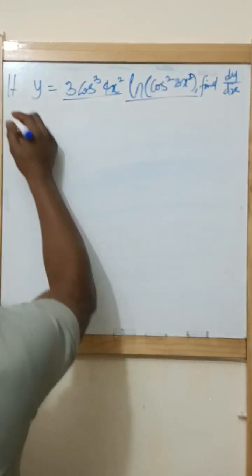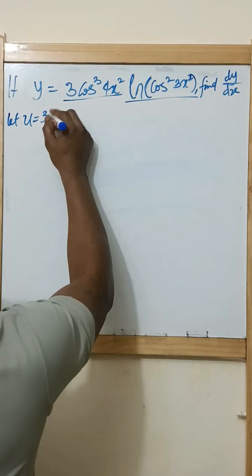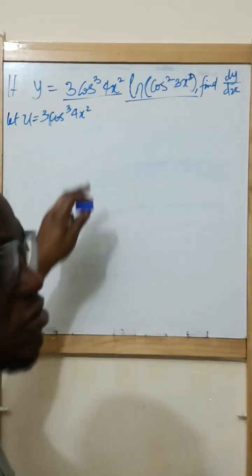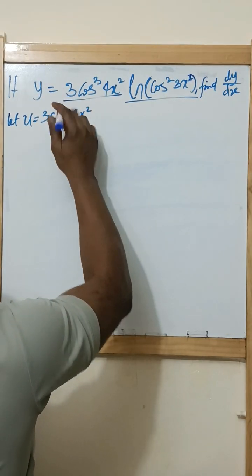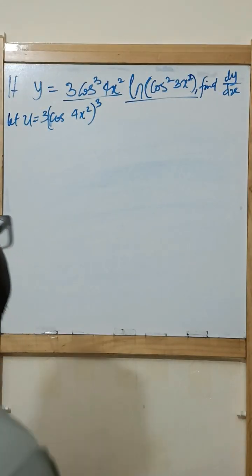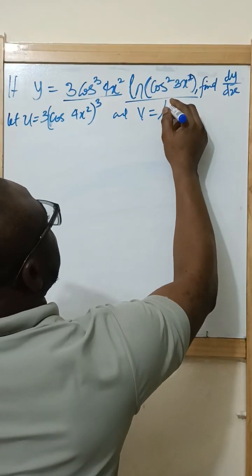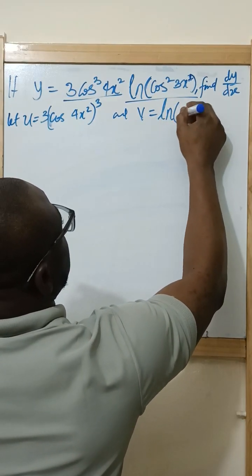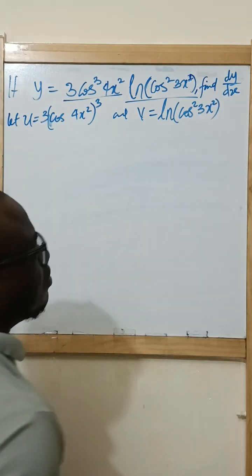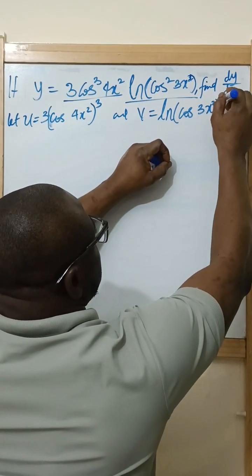Let u equal 3 cos cubed 4x squared. This can be written as 3 times cos 4x squared, raised to power 3. And v equals ln of cos squared 3x squared, which can also be written like this.